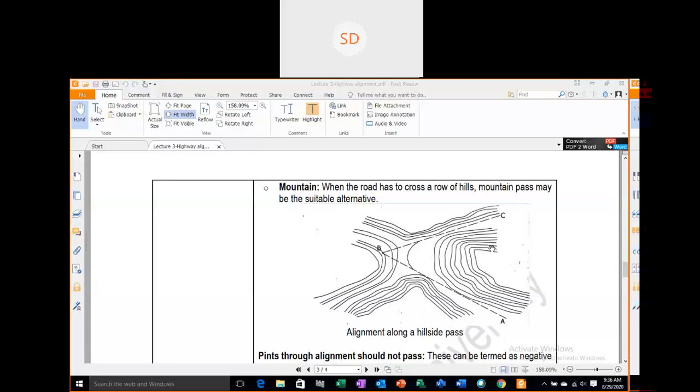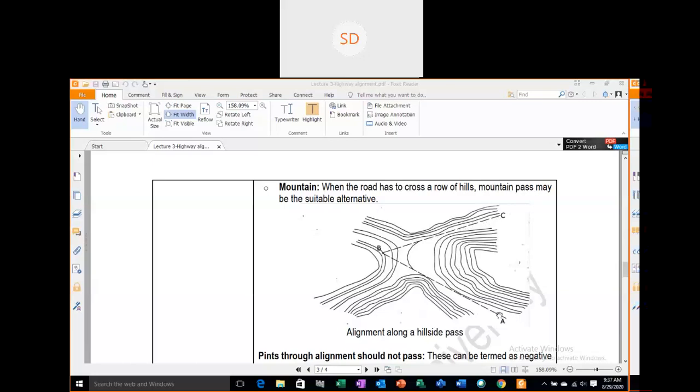Now consider another thing. Suppose this is the mountainous pass. Mountainous pass means, suppose this is one hill portion and this is another hilly area, and in between there are some passes. If you go along with these passes, the cost of the construction would be very much lower compared to the other one.